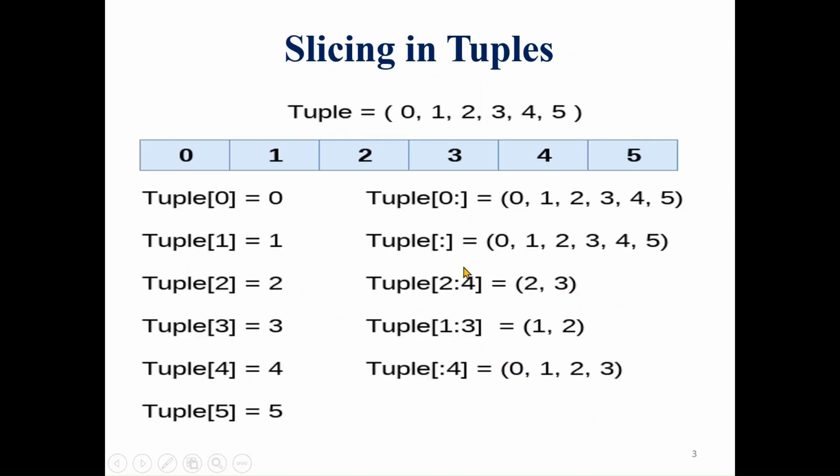Now coming to slicing in tuples. Here you can see the parentheses, and I stored the elements 0, 1, 2, 3, 4, and 5. So there are 6 elements in total, and every element is separated with a comma. This is a tuple variable. In this place, you can take any variable name like x, y, z, a, b.